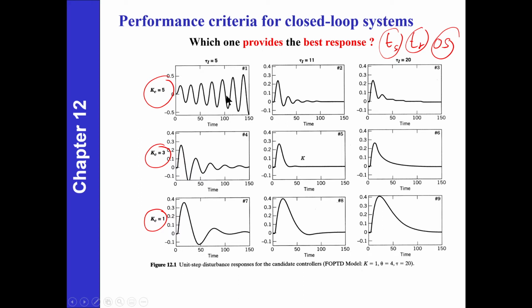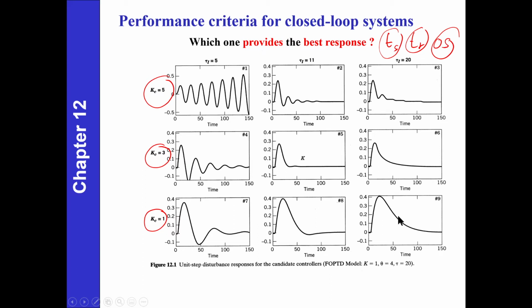Okay, for this one, this is called an unstable response because the amplitude of oscillation is getting bigger and bigger. So this response is an unstable response. Okay, this is what we don't want. We don't want this kind of response, because we want a stable response. A stable response means the opposite of this one, whereby it can settle down to a steady state.